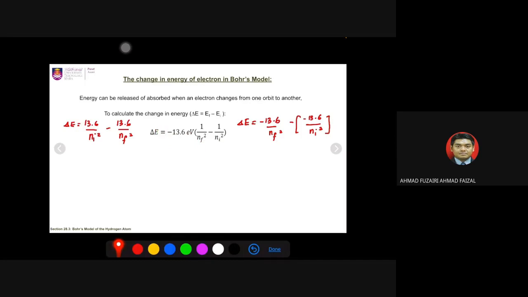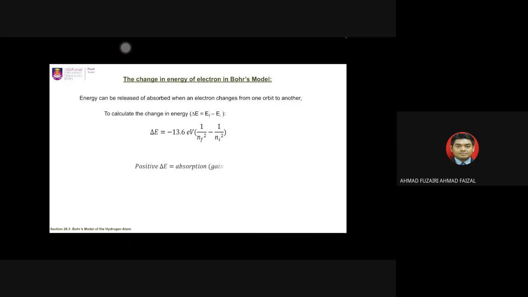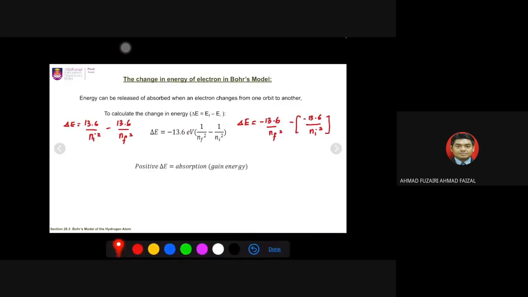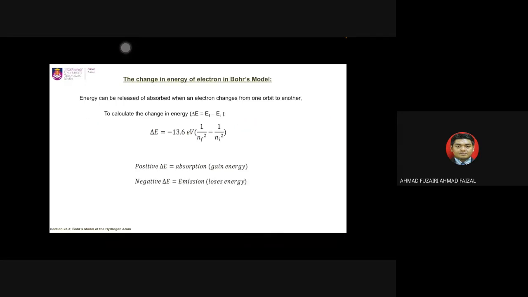They are all the same, it's just that you rearrange the values. Okay, so we know that if the change in energy is positive, it means that the electron absorbs energy during the transition, and if the change in energy is negative, then it means that the electron emits energy during the transition.